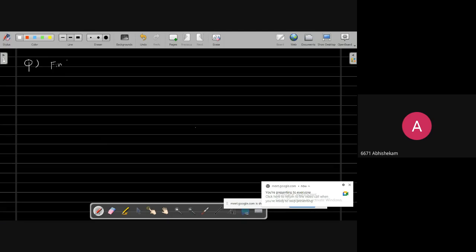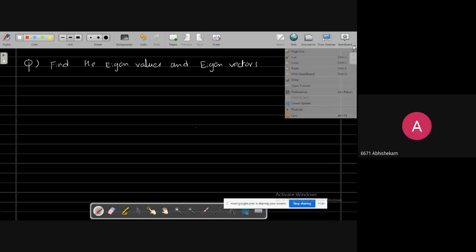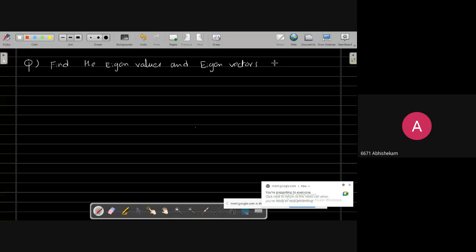Question: Find the eigenvalues and eigenvectors of the following matrix.